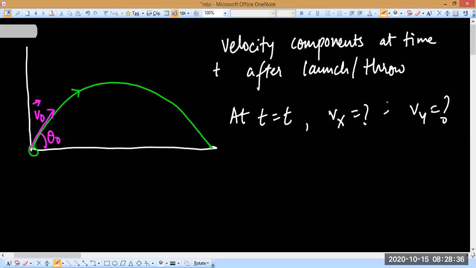See, magically I'm not writing V0 now. Why am I writing Vx? Because we are talking about at a time t. We are not talking about initial. I hope that is clear. So we are not writing V0.